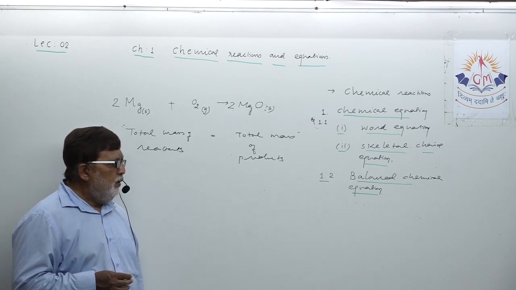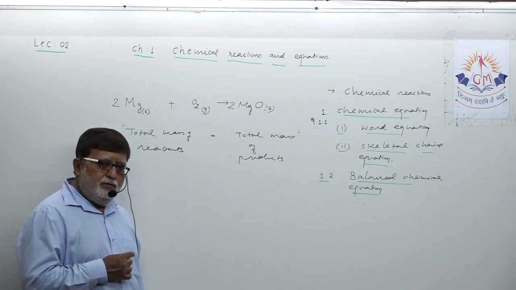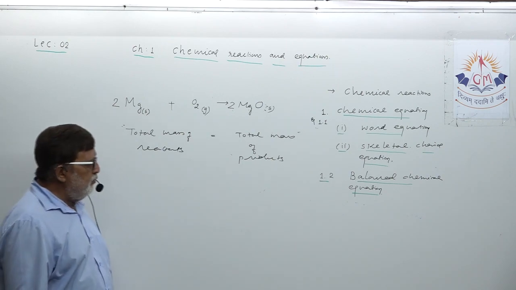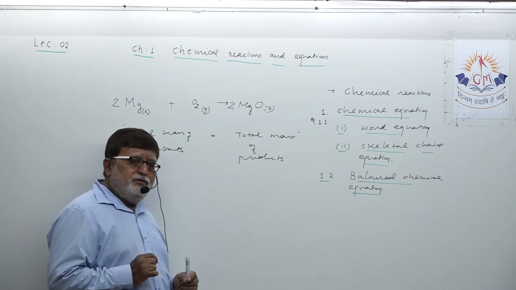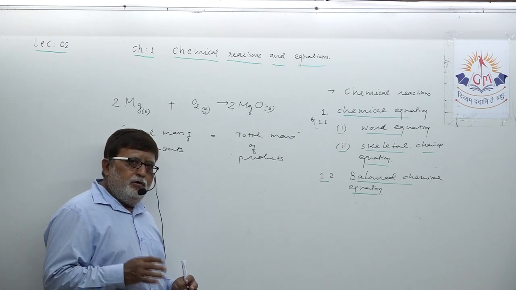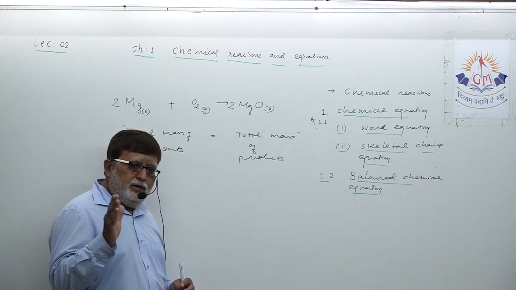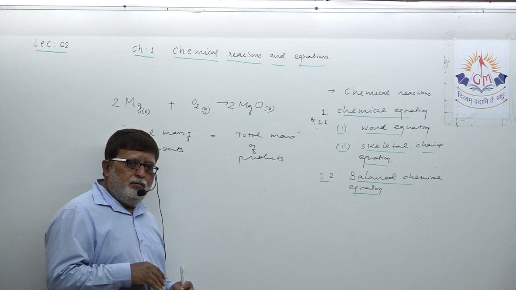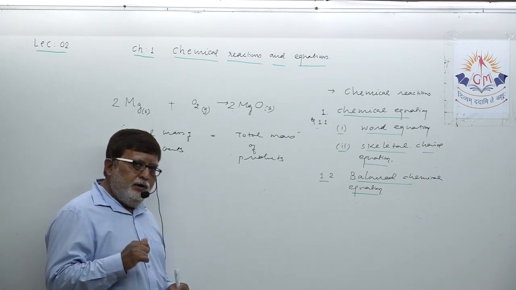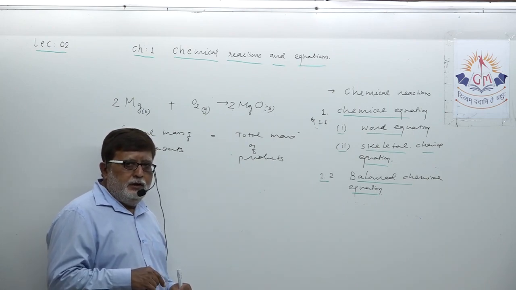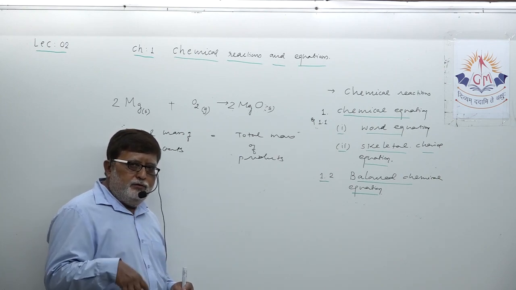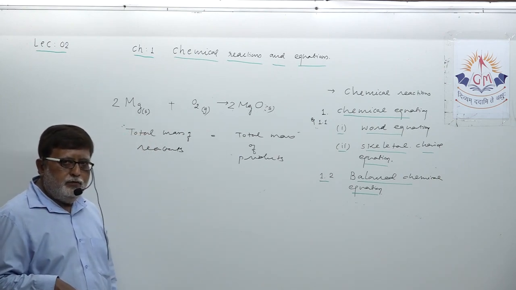Understand? So you understood the question of why balancing a chemical equation is necessary. While balancing a chemical equation, we are actually equalizing the total mass of reactant and the total mass of product on both sides of the equation, and in that way indirectly you are ensuring that during a chemical reaction the universal law of conservation of mass is followed.